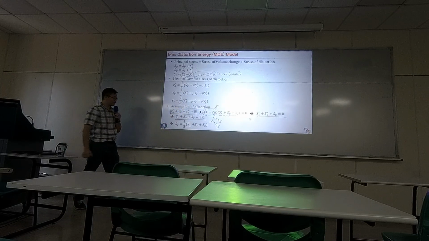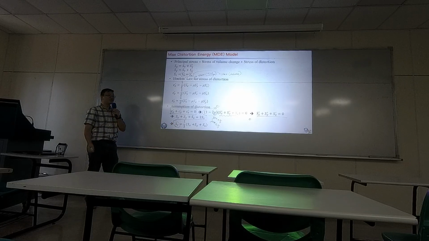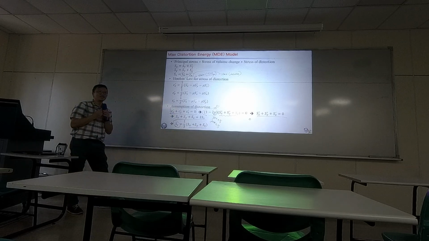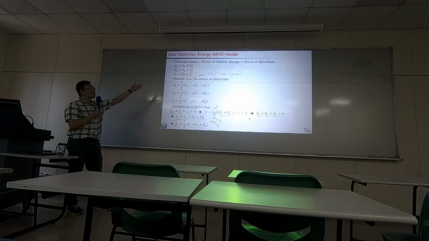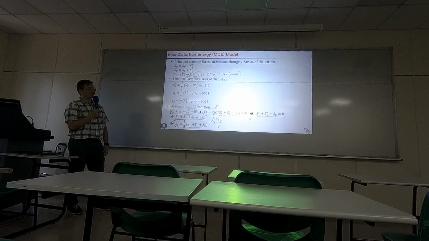At the end, the stress for pure volume change is the average of the stresses along all three directions. So now we have figured out a way to find the stress for pure volume change.